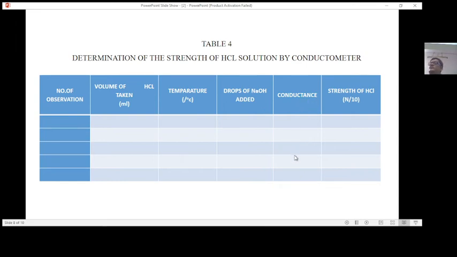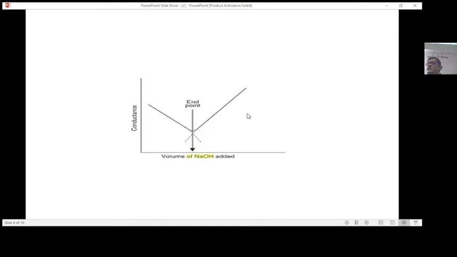Conductance, if you plot this conductance against the volume, you can find this kind of graph. HCl is a very strong acid, so the conductance will be very high because H+ and Cl- give high conductance. When we are adding NaOH, H+ is replaced by sodium, so conductance will be low. This is the decreasing value with the addition of NaOH.